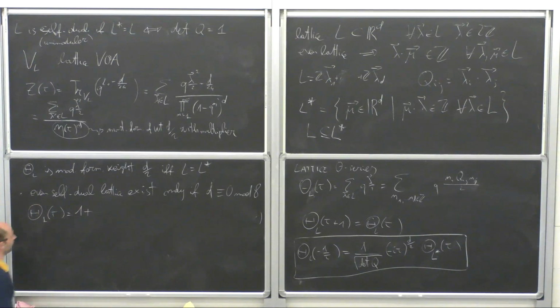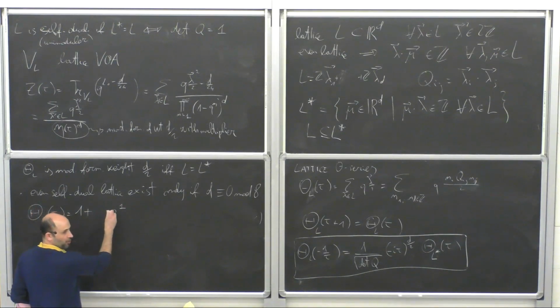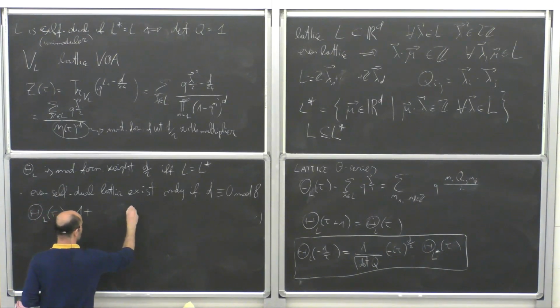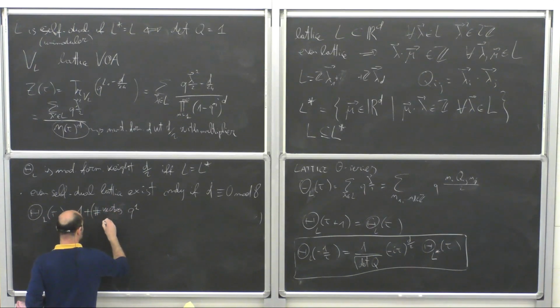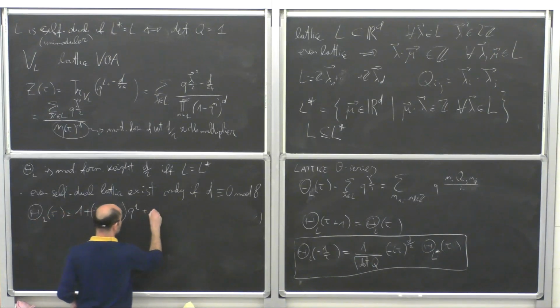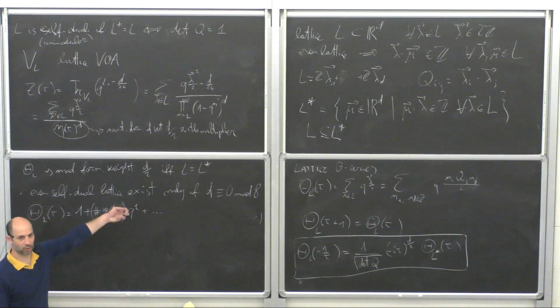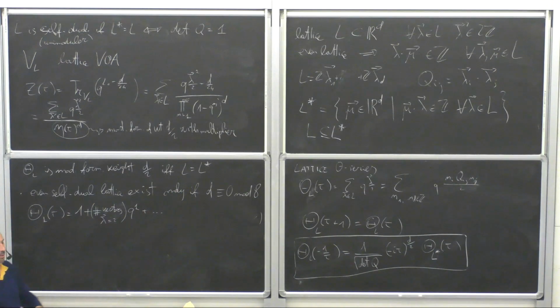And then you have q to the 1, and the coefficient is the number of vectors with lambda squared equal 2. And then you go on. The coefficient of q squared is the number of vectors with lambda squared equal 4, and so on and so forth. So this just counts how many vectors the lattice has at any given length.